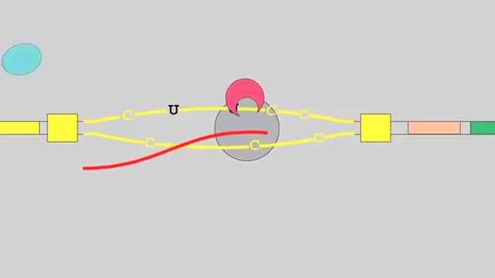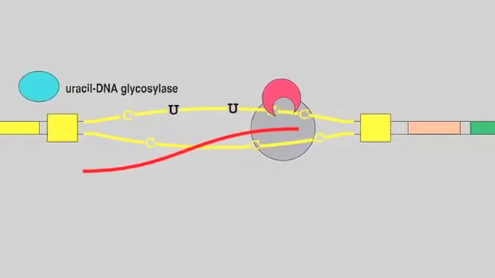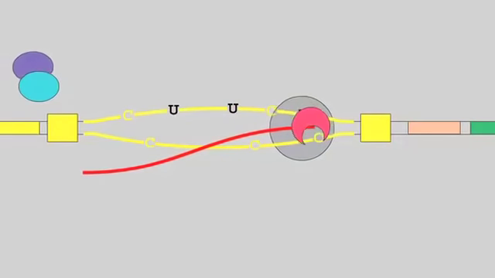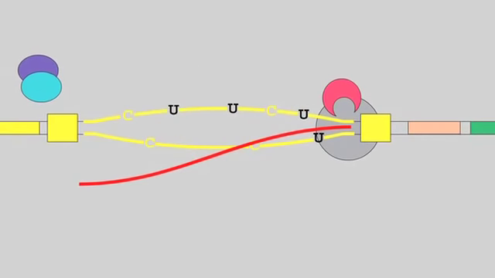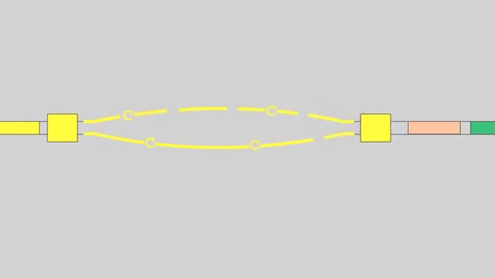Through the action of 2 other enzymes, uracil DNA glycosylase, or UNG, and apyrimidinic endonuclease, or APE1, these uracils are eventually converted into single-stranded nicks in the DNA on both of its strands.